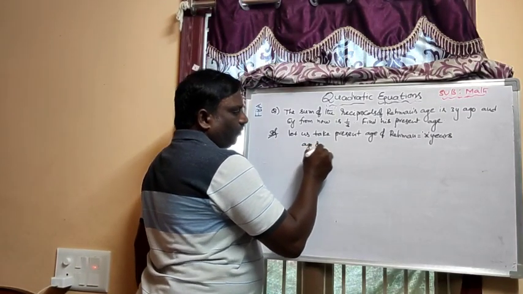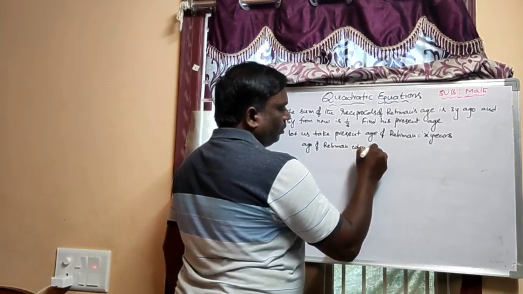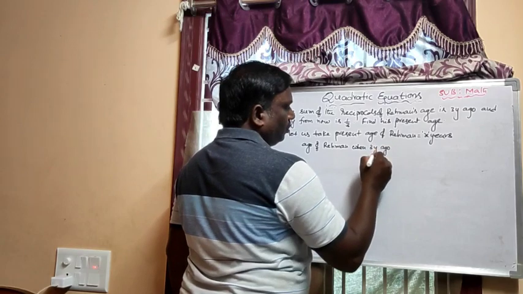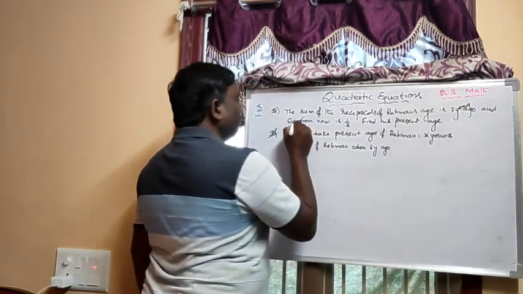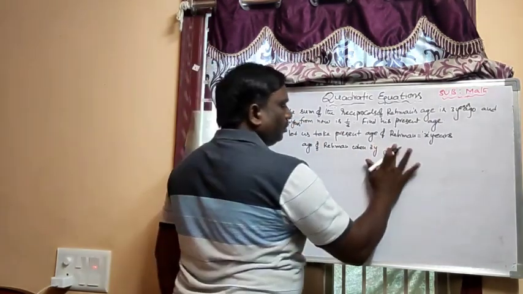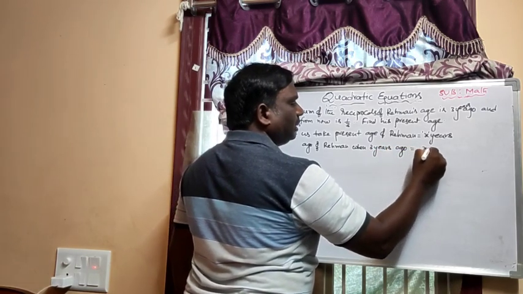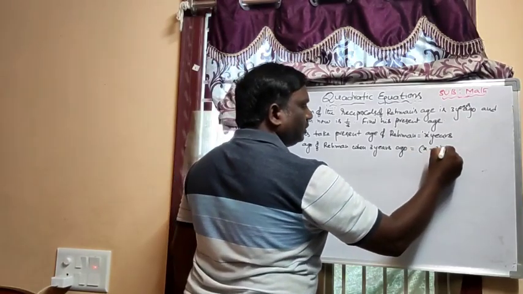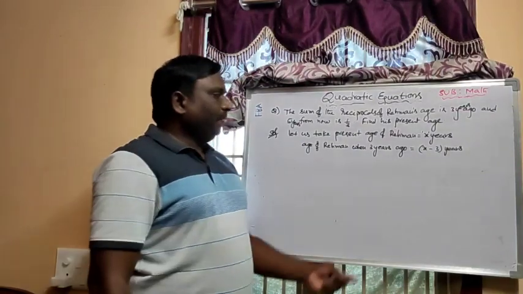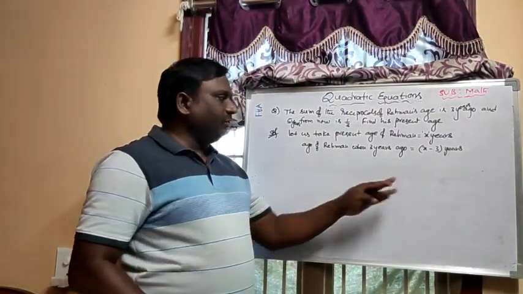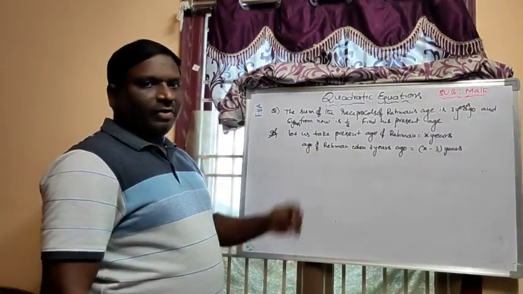Age of Rahman 3 years ago means x minus 3 years. From the present age we need to subtract 3, then only you will get the age of Rahman 3 years ago.